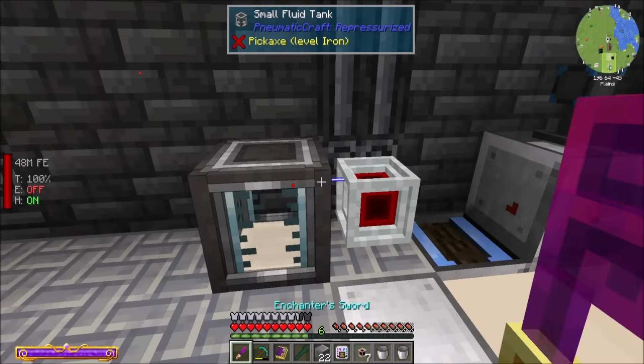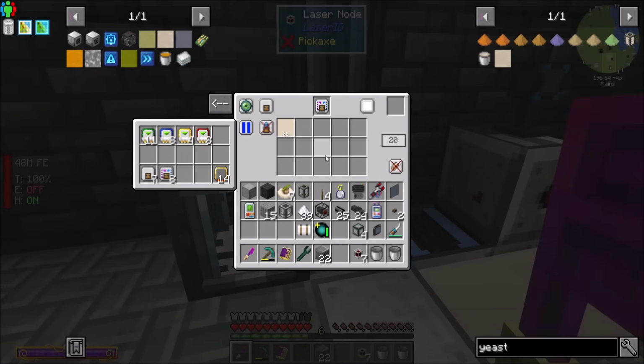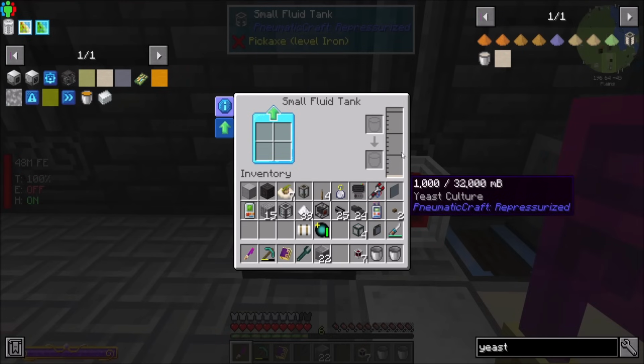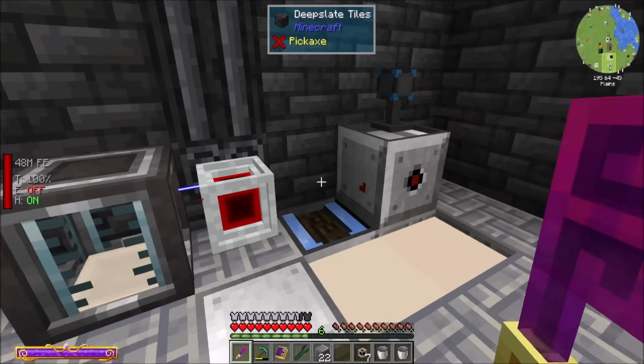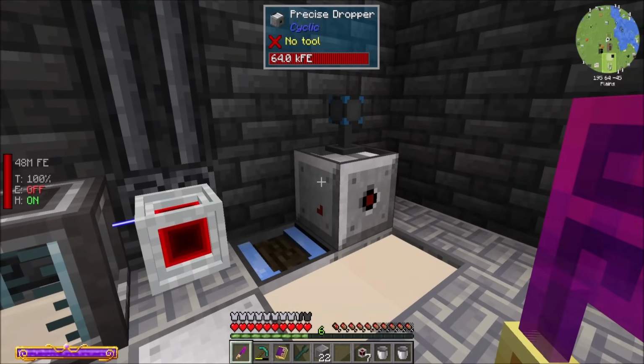That's what we're going to make it. 8 buckets of yeast culture. Cool. So when you have 8 buckets of yeast culture, I want you to emit a redstone signal on the white channel, which is how we're going to know to insert sugar into here.